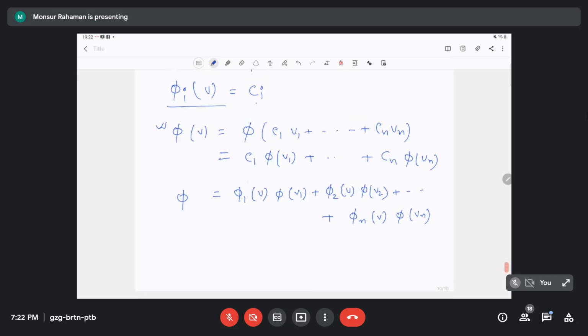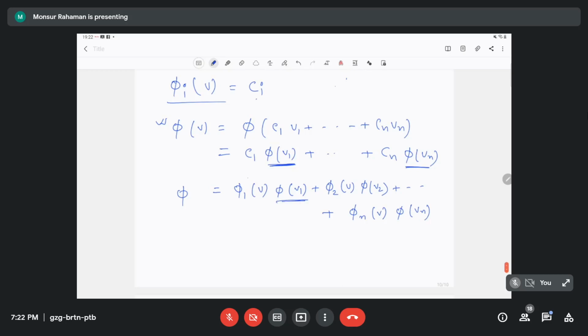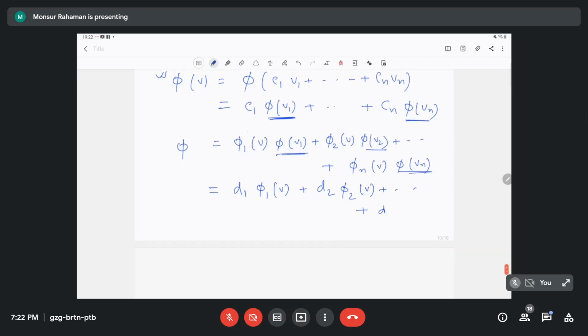So, and these are all real numbers because phi v1 will give a real number. So you can write that as a real number d1, suppose. So d1 phi 1 v plus d2 phi 2 v, and this is dn phi n v.